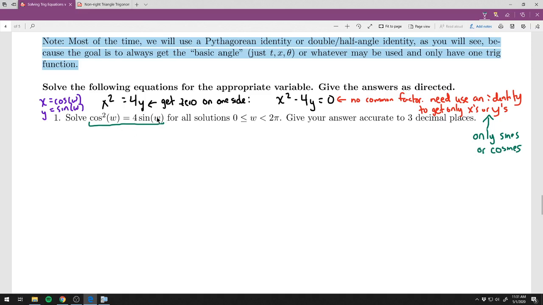If we have different powers, like we do here, you want only sines or cosines. And you can't switch sine of w to cosine of w, but you do have an identity to switch cosine squared of w, because that's the Pythagorean identity. And we want to switch cosine squared of w equals 1 minus sine squared of w.